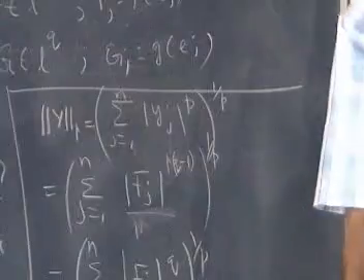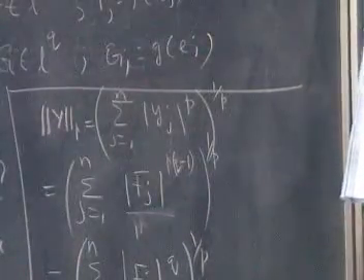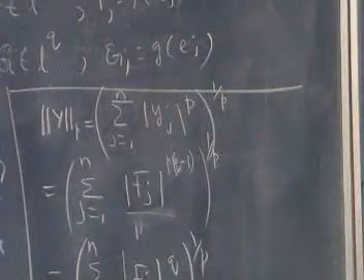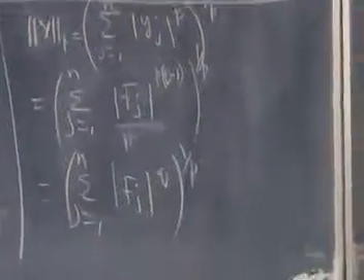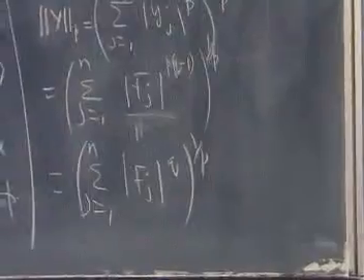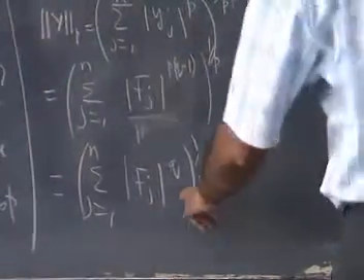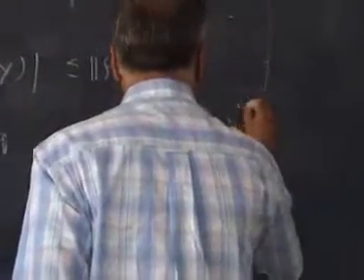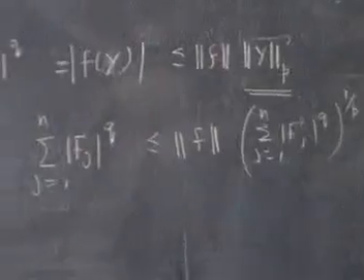Therefore, mod f_j to the power of q is less than or equal to, whatever that is, summation j equal to 1 to n mod f_j to the power of q, to the power of 1 over p.